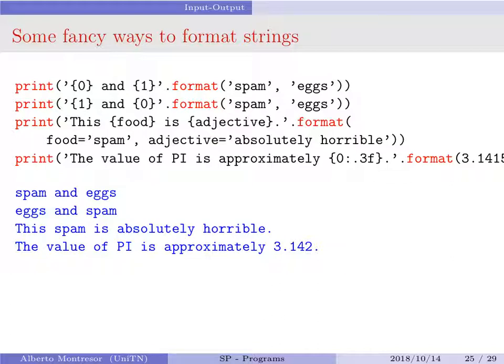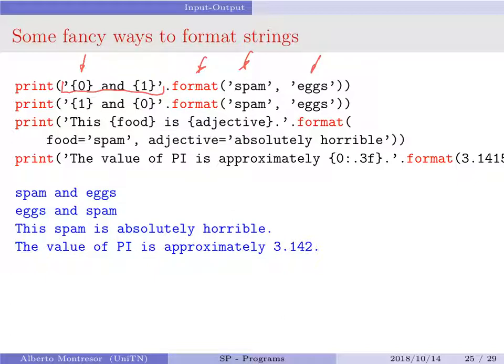I have a string here to which I can apply the format method, which belongs to strings, and these strings contain curly brackets containing a 0, curly brackets containing a 1, which means I will substitute the curly brackets containing 0 with the first element given to format, and the second with the second element given to format.